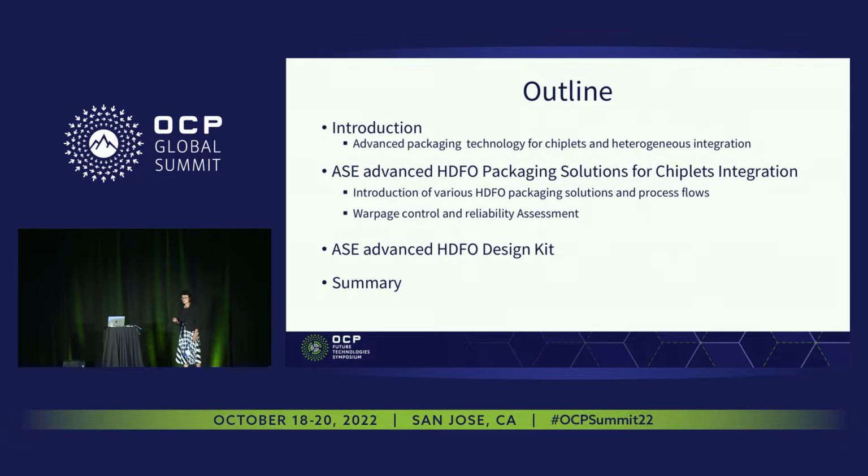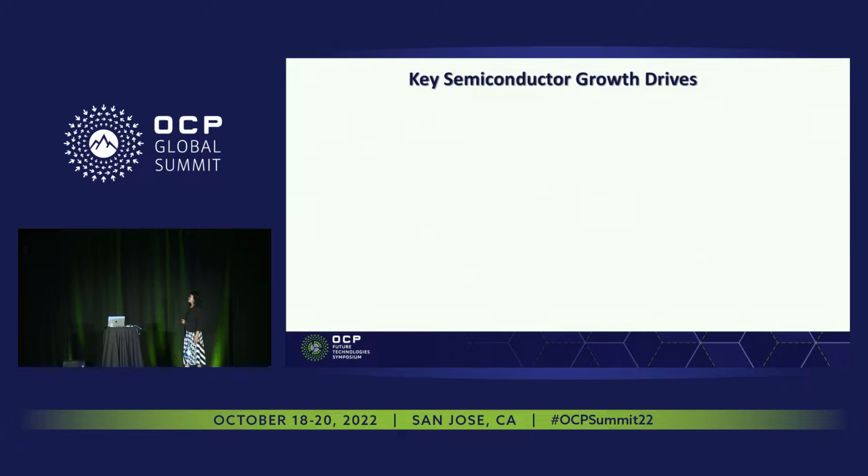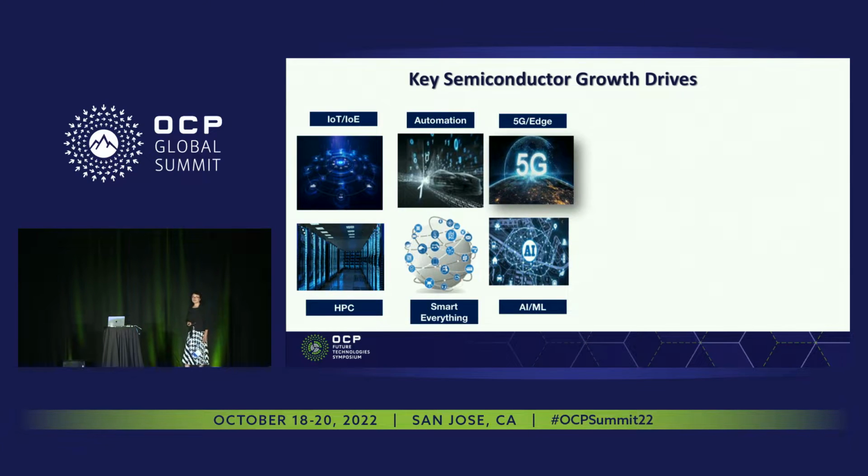Finally, I will summarize the conclusion. We already see the digital transformation has encompassed our daily life, from Internet of Things to Internet of Everything, automation, and also AI machine learning.